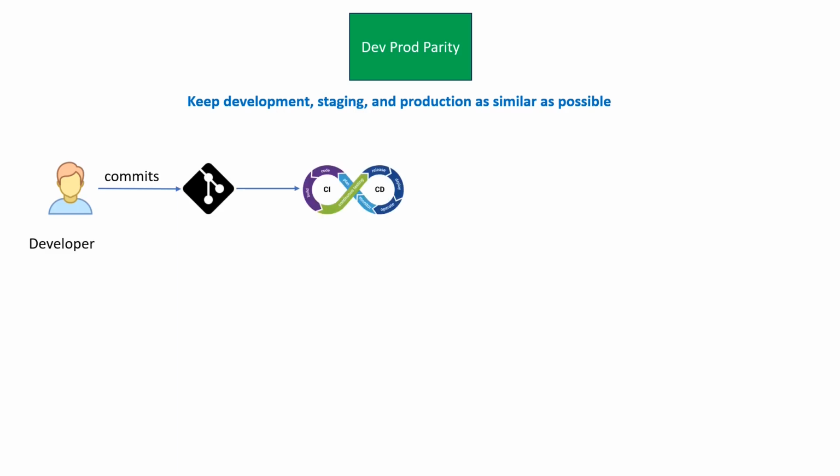Then that code goes through the CI/CD phase, where you do the build, release, and deploy. Then you test in the dev environment. When the testing is completed by the testing team, then after maybe a few days or a few months, or sometimes even a few years, the small code change goes to production.